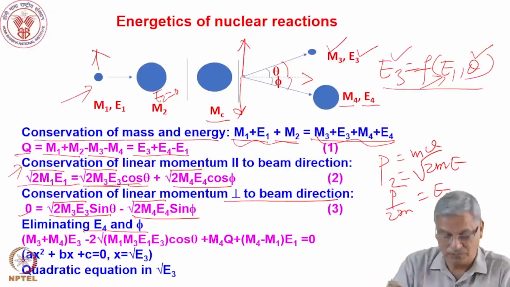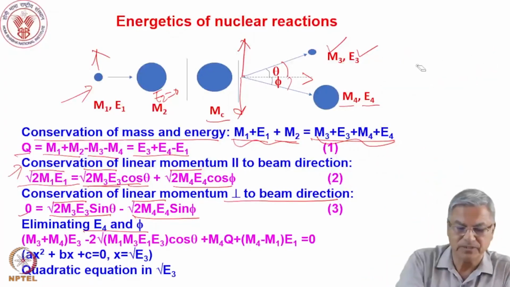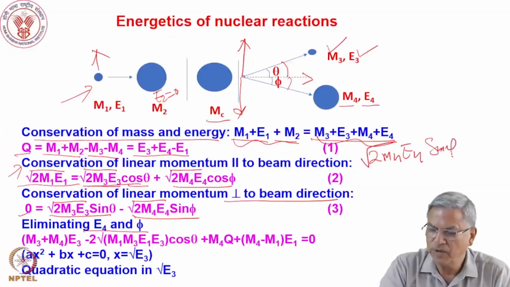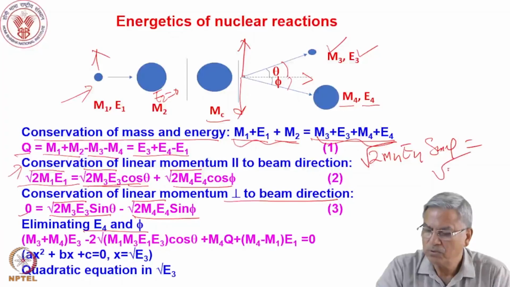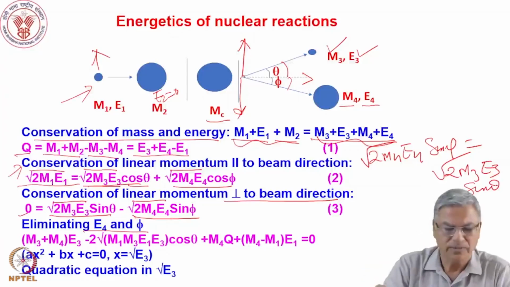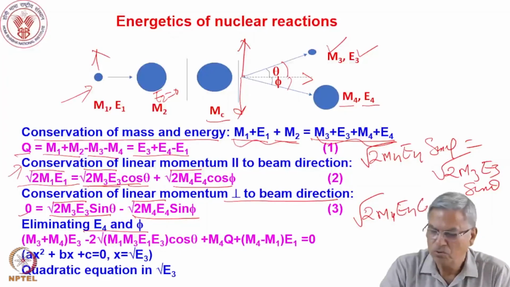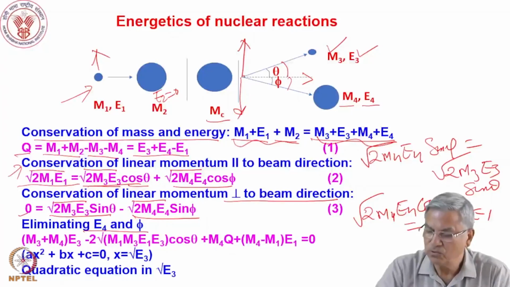So this equation you can write as 2m4e4 sine phi equal to 2m3e3 sine theta, and you can write as 2m4e4 cos phi equal to root 2 m1e1 minus root 2 m3e3 cos theta.